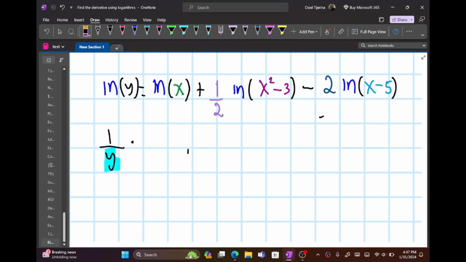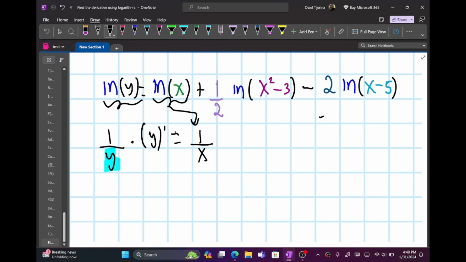I'm just making sure we understand that pretty well. That's the derivative, right? And then the derivative of natural log of x will be 1 over x. So this part is just going to be 1 over x, because we know from common derivatives that the derivative of natural log of x is 1 over x.